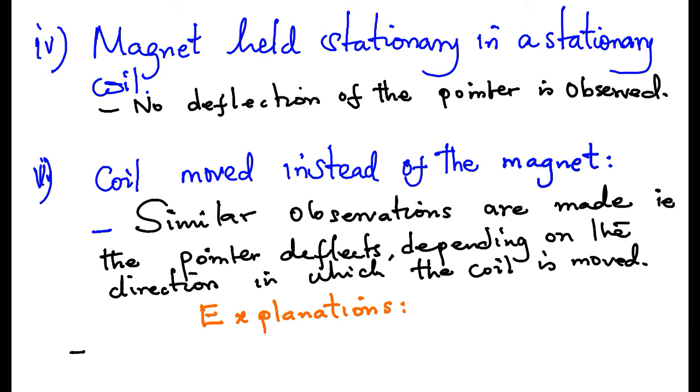So one, we have noted that EMF is only induced when there is a relative motion between the coil and the magnet.